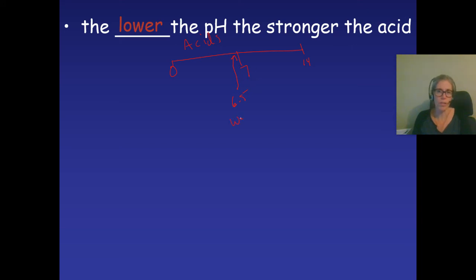So this is going to be a weak acid. pH 7 is neutral. So something way over here like pH 1, well, that's a very strong acid. So the lower the pH, the stronger the acid.